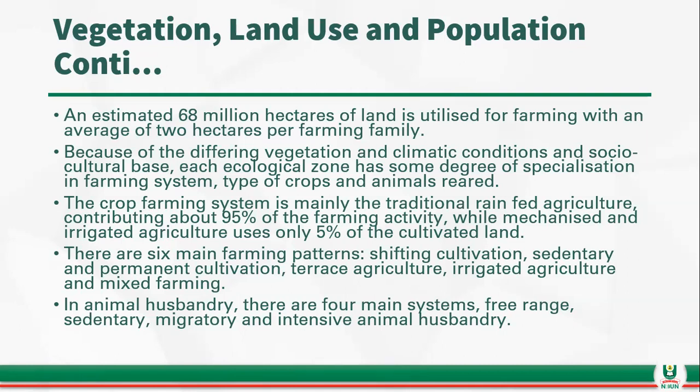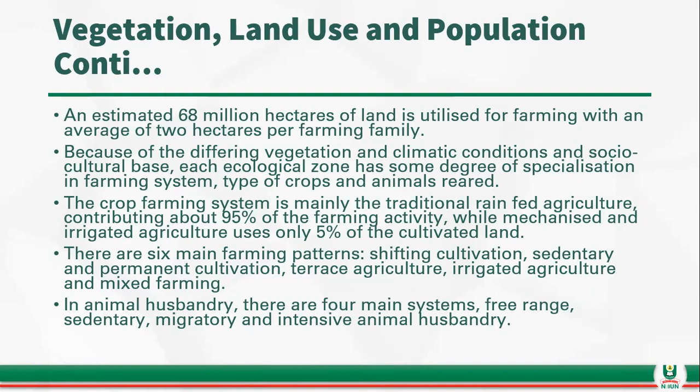So you now see that because of the different vegetation and the climatic condition, as well as socio-cultural base, each ecological zone has some degree of specialization in farming system, or types of crops, and as well as animals that are reared in such region. So the crop farming system is mainly the traditional rain-fed agriculture, contributing about 95% of the farming activity, while mechanized and irrigated agriculture use about 5% of the cultivated land.